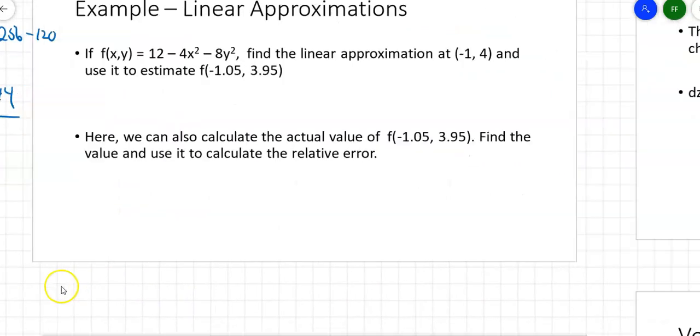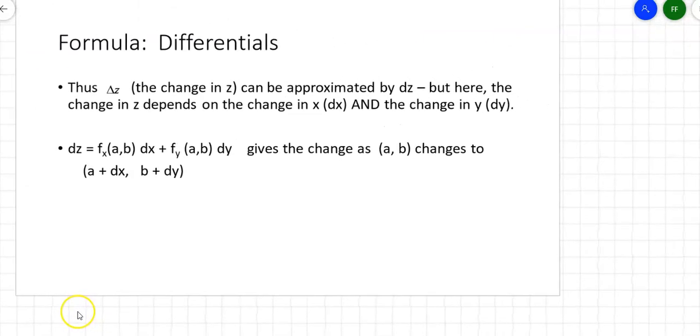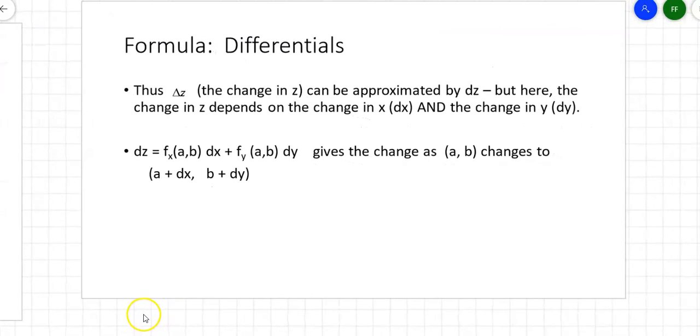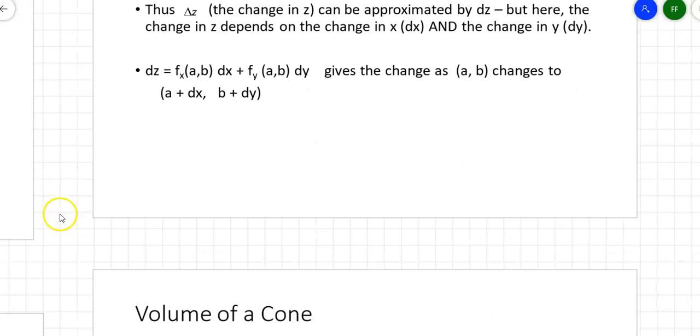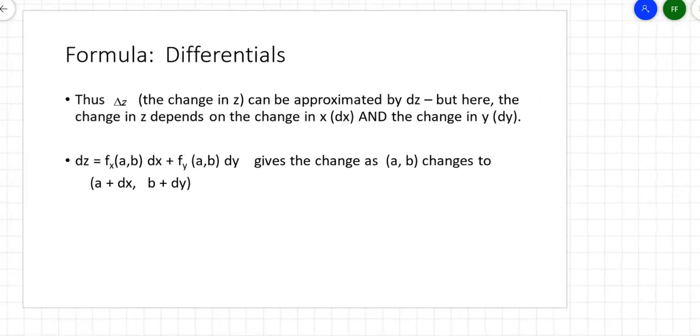All right, so let's take a look at one more concept, and that is differentials. Differentials talk about change. So those dx's and dy's and dz's that you see are differentials. They tell me if I move a certain amount in the x direction and a certain amount in the y direction, what changes in the z direction. This is the formula, by the way.